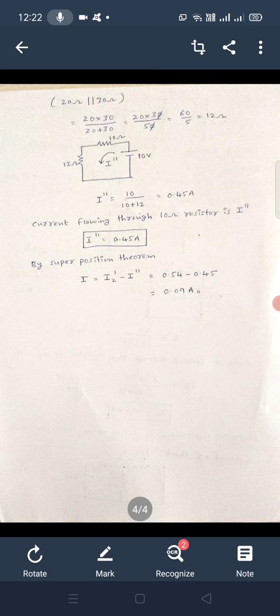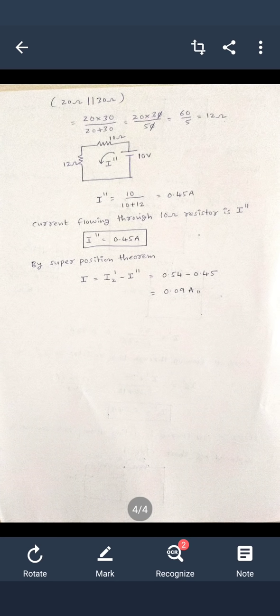In this way we can calculate the current flowing through any branch by using the superposition theorem. Now you have some idea about the superposition theorem, right? If the circuit has n number of sources, you have to consider each source separately, and the remaining sources are replaced by ideal elements.